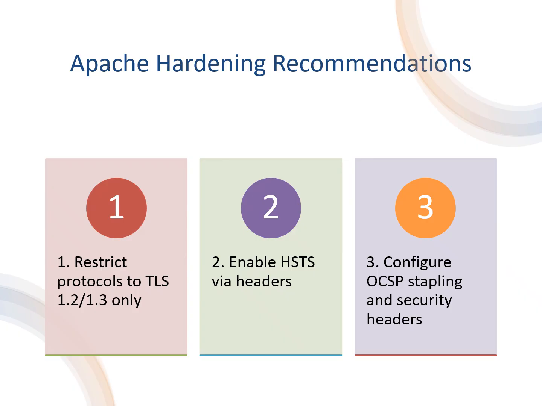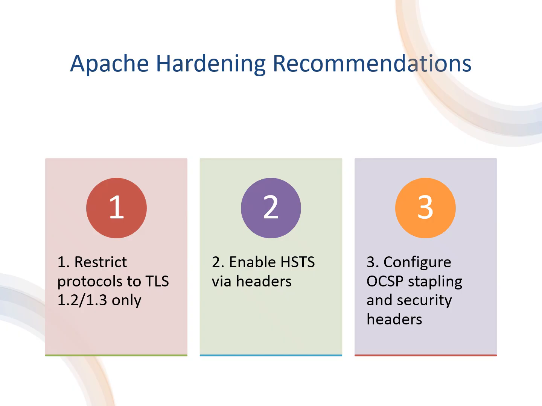Apache hardening recommendations. For Apache, we again apply at least 3 hardening steps. Restrict protocols so only TLS 1.2 and TLS 1.3 are allowed. This is set with the SSLProtocol directive.